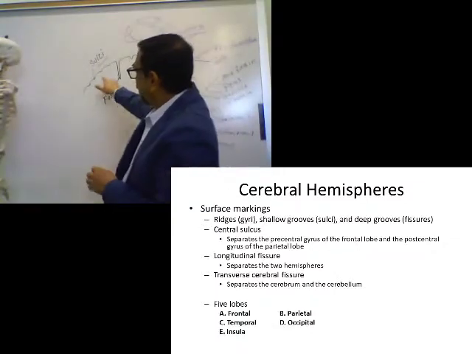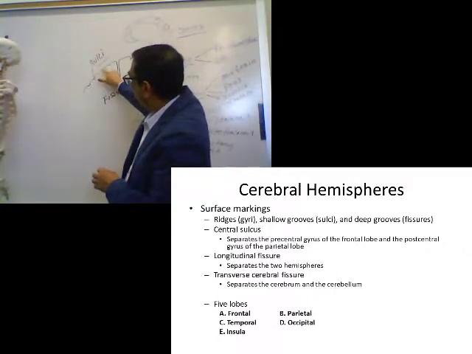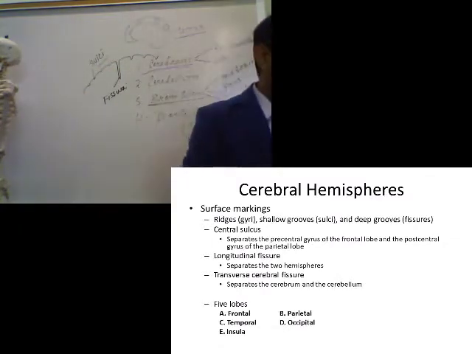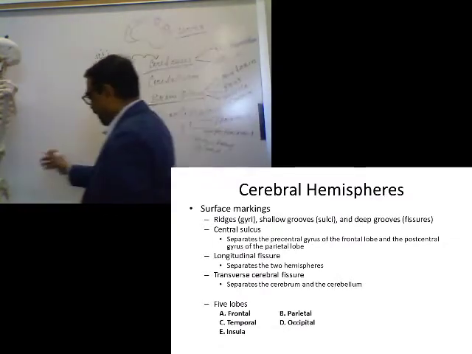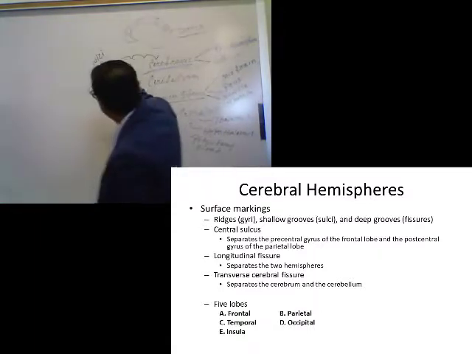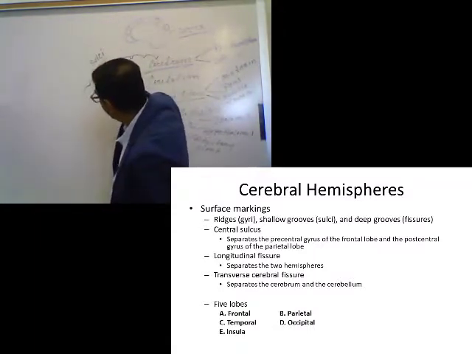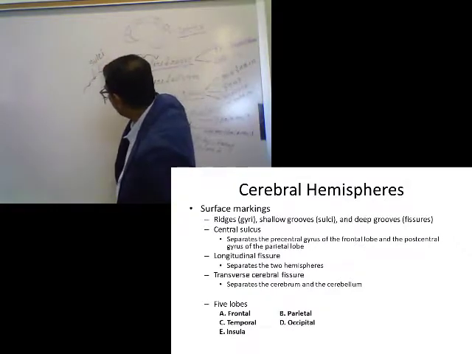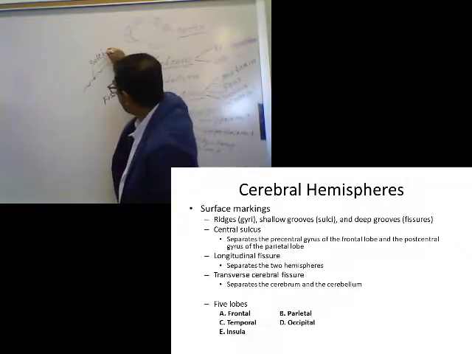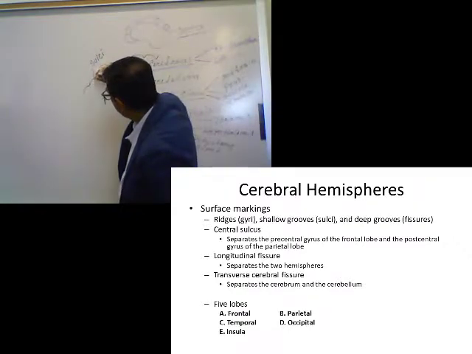And the area between two sulci is called a gyrus. So you see here, this is one sulcus. Sulcus is singular. If I indicate one, that is a sulcus. If I indicate more than one, sulci. So between these two sulci, this area is called a gyrus.